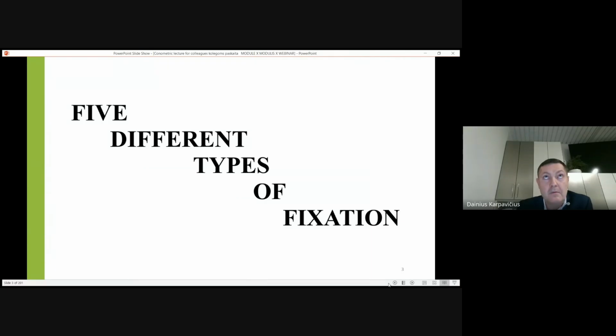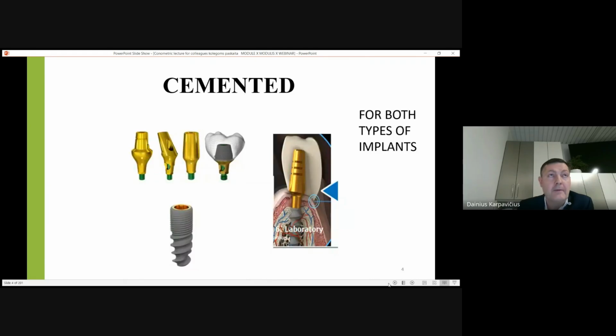For today, I know 5 different types of fixation of fixed dental prosthetics in implantology. All these 5 types are for both implant types, monolithic and regular 2-piece implants.